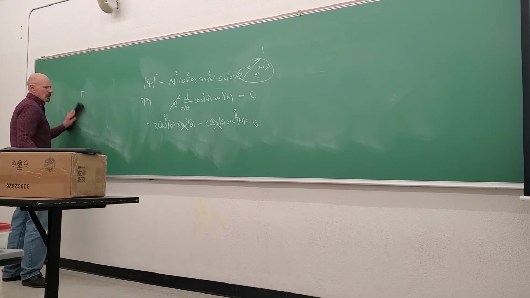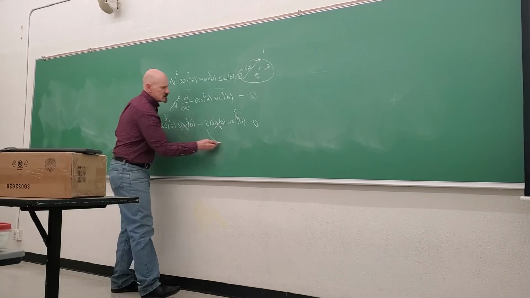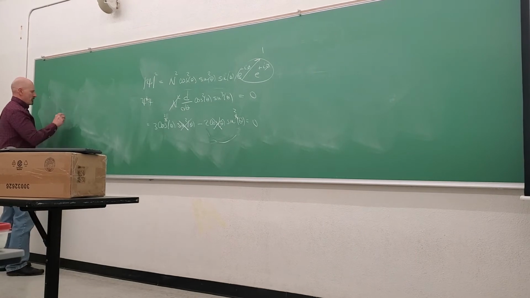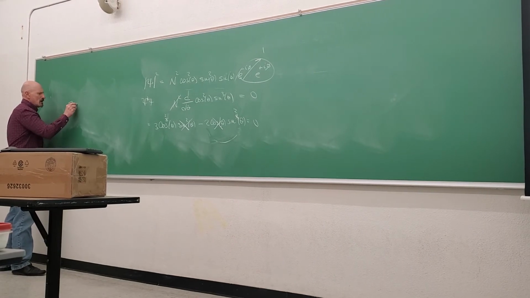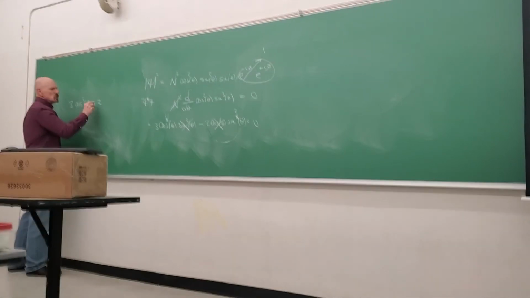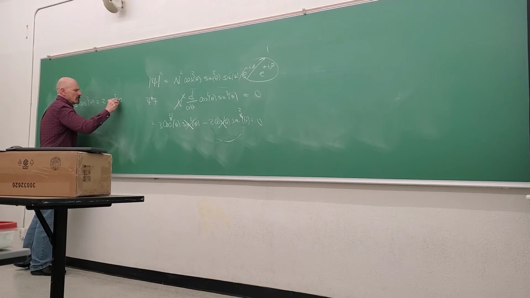So I get then that 3 cosine squared of theta is equal to 2 times the sine squared of theta.